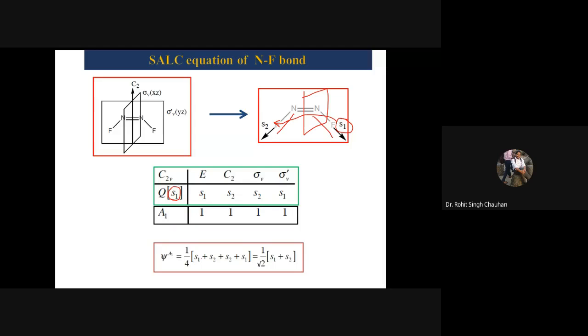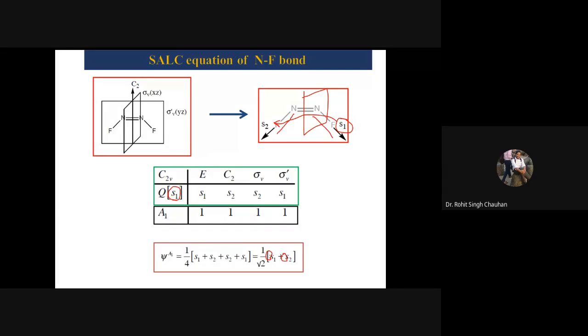This 1 by 2, S1 and S2 means the projection operator gives you the information of 1 by 2 S1 S2. But whenever you are talking about the SALC equation, you will take the square root of the coefficients of the symmetry, this one and this one. So before S1, what is the coefficient? 1.